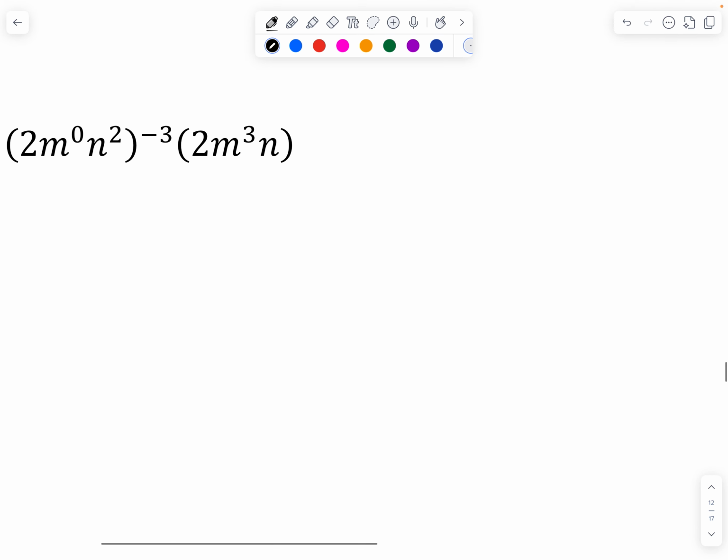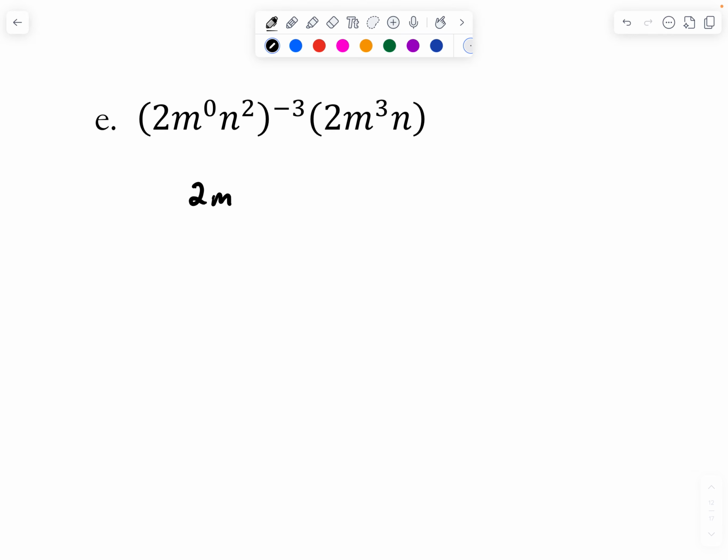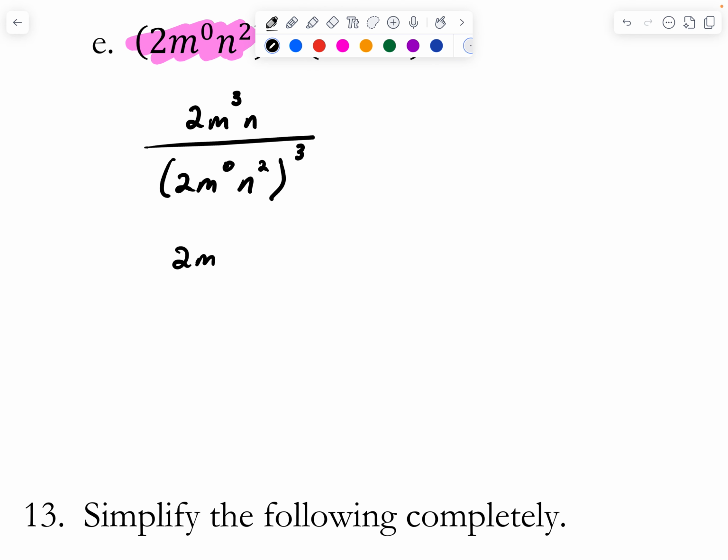All right, let's go to E. Similar idea where I put 2m cubed n on top. This whole thing I'm going to put on the bottom because it's a negative exponent. So 2m to the 0 power n squared raised to the positive third power. So 2m cubed n over, that's 8. M to the 0 power, anything to the 0 power is just 1.